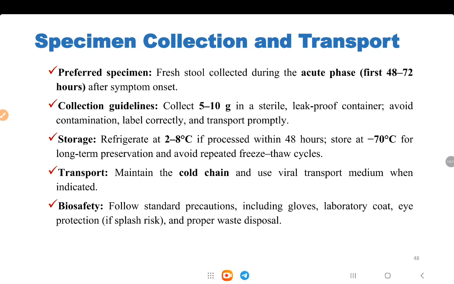Store at 2 to 8 degrees centigrade if processed within 48 hours, or at minus 70 degrees if used after a long time.